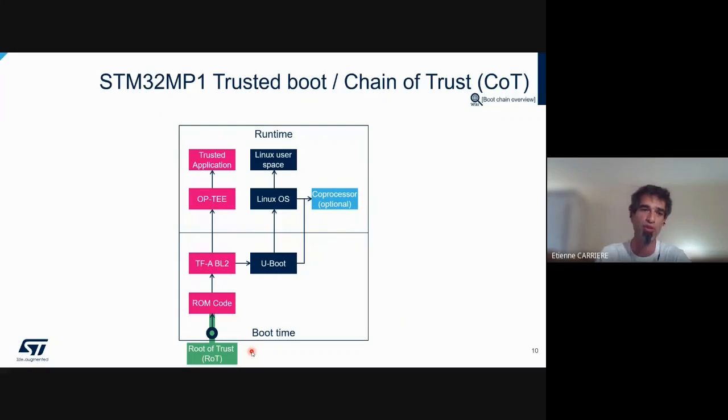This ROM code will get the BL2, the first stage bootloader image, and authenticate it using OTPs read from the platform. So this is where the ROM code has this link to the root of trust of the device to load the first stage bootloader. This first stage bootloader is itself in charge of loading and booting the next stages.